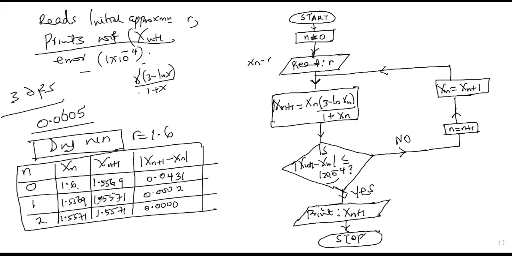So hence, the root is 1.5571. If they wanted 3 decimal places, you can stop at 1.557, 3 decimal places, and you get your 12 marks.